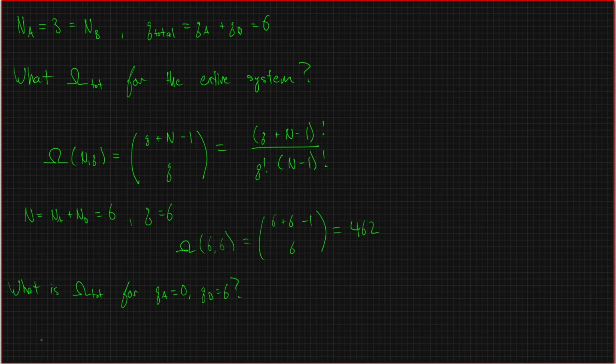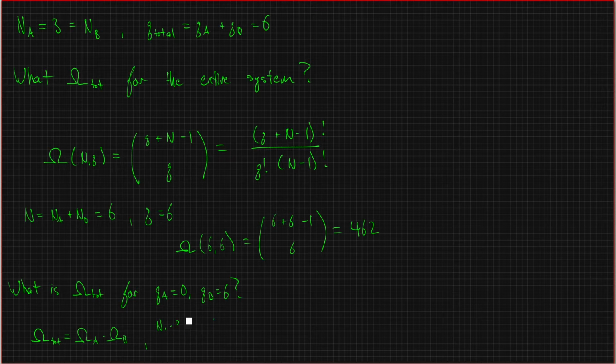Yeah, so remember the way that you get total multiplicity if you're talking about two systems that are interacting is you find the multiplicity for A and take it times the multiplicity for state B. So we just need to find what these are. For A, it's in this state right here, and it's got 3 oscillators. So let's take NA equals 3 and QA equals 0 and calculate what that is.